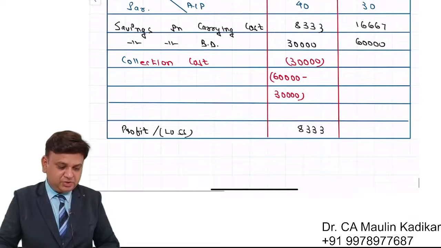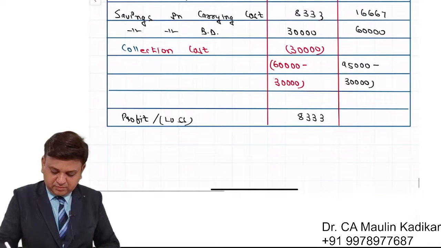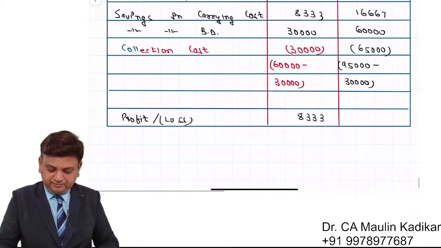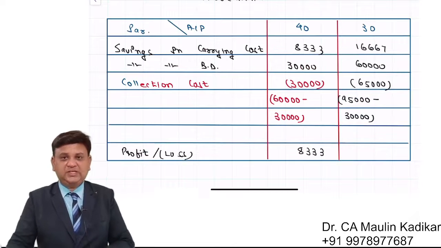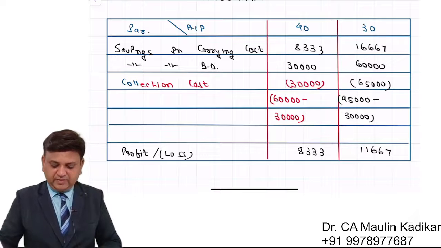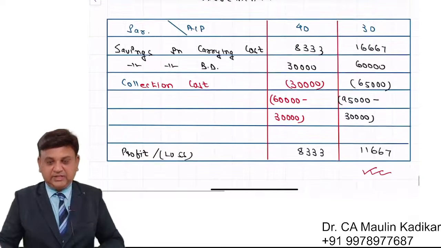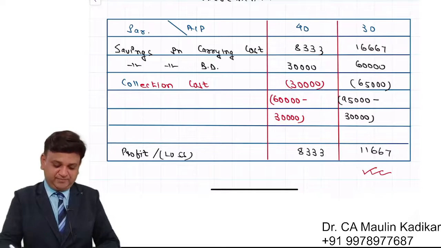Increase in the collection cost to 95,000 from 30,000. So it increases by 65,000. So there is ultimately a profit of 11,667. We are required to select an option which is having higher profit. That is over here 30 days.